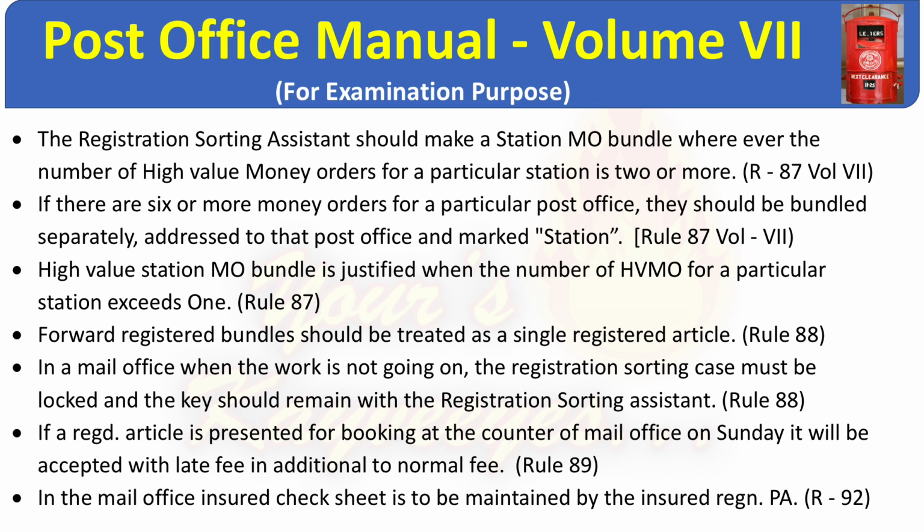If there are 6 or more money orders for a particular post office, they should be bundled separately, addressed to the post office and marked as station. Rule number 87. A high value station MO bundle is justified when the number of HVMOs for a particular station exceeds 1. Rule number 87. A forward register bundle should be treated as a single registered article.